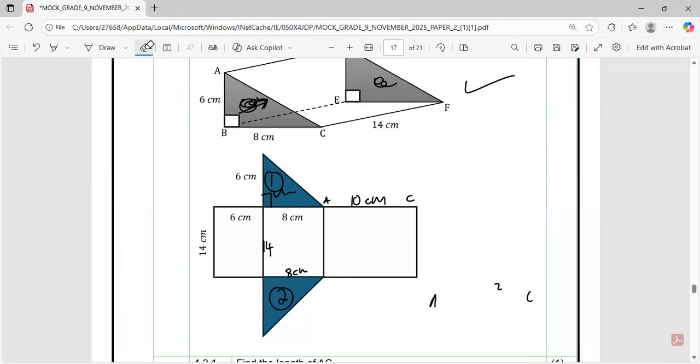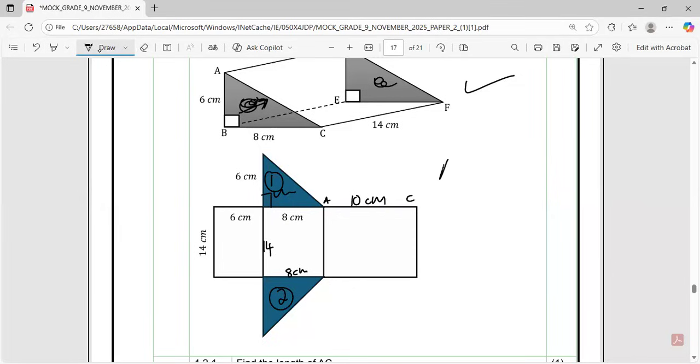Let's start first with the triangles. Let's call it area 1. Area 1 is a half times length times height. Therefore, area 1 is equal to a half times our length, or our width, I'm not quite sure which one is which.